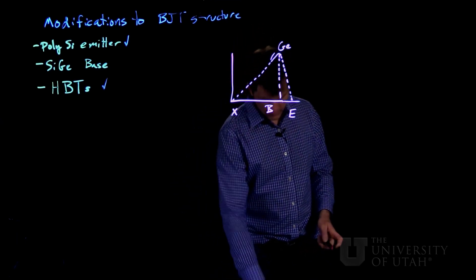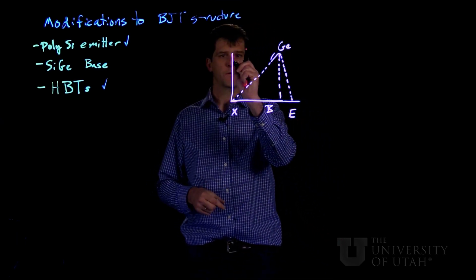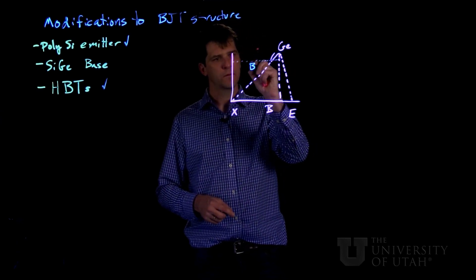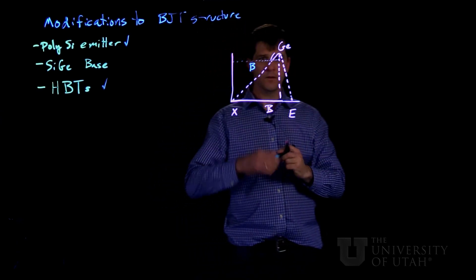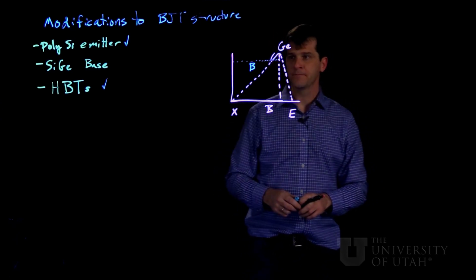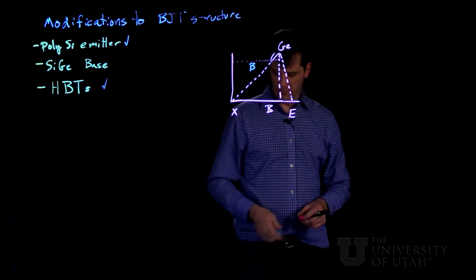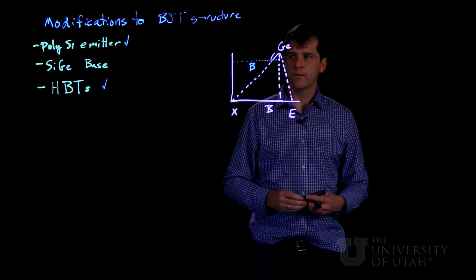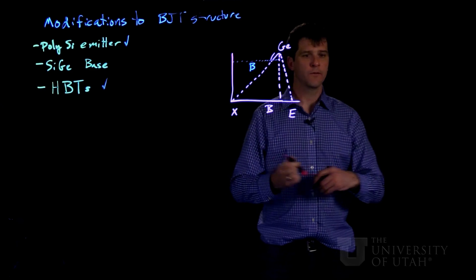Now we keep the same doping throughout. So we dope the, usually boron, into the entire base structure. And of course our emitter is over here. So first, what does this do in terms of the bands?